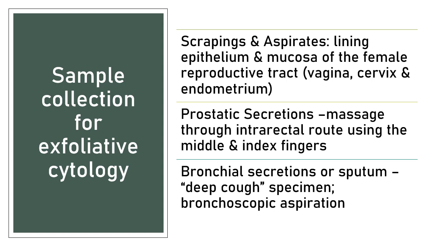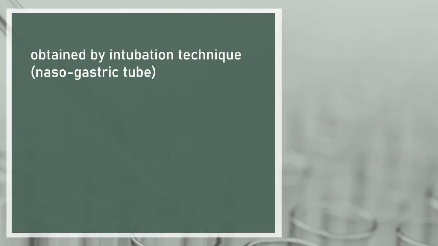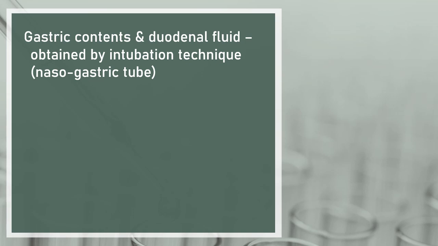And then your bronchial secretions or your sputum. It has to be a deep cough. You also have your bronchoscopic aspiration; these bronchial secretions are obtained using bronchoscopy. Then you have your gastric contents and your duodenal fluid, which are obtained by the intubation technique using a narrow nasogastric tube.